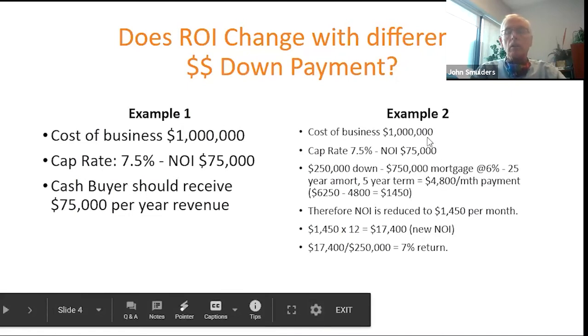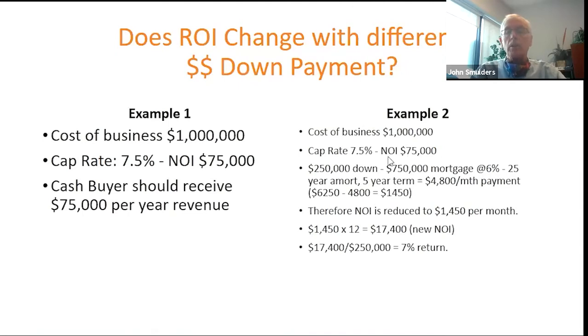You have $1 million cost of business. You have a cap rate of 7.5%. If your investor only puts $250,000 down, you have a $750,000 mortgage at 6% per year with a 25-year amortization and a 5-year term. That's a $4,800 a month payment.